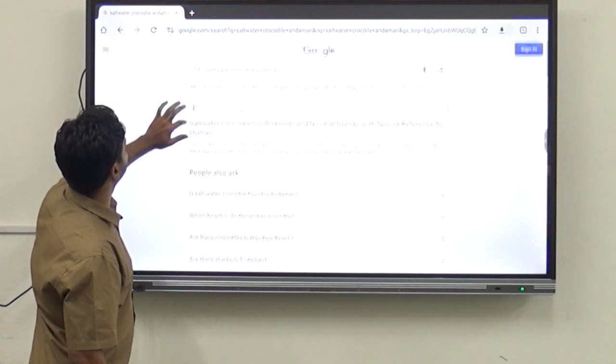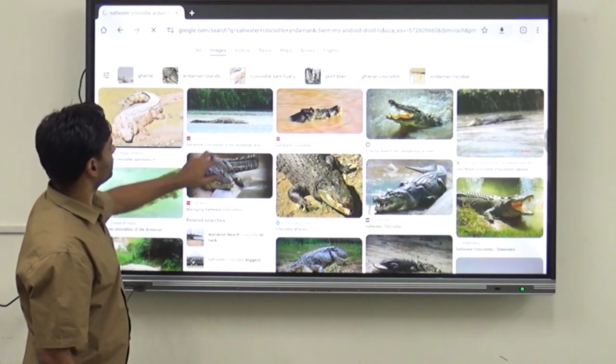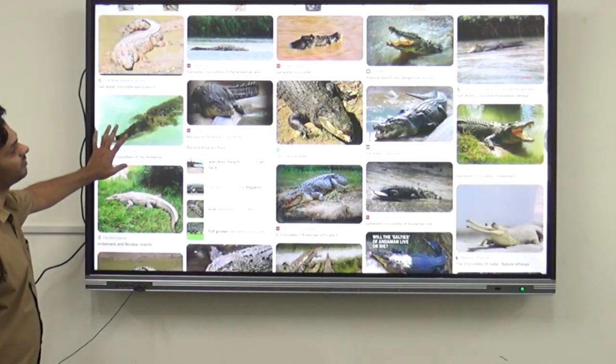Yeah, this is the size of it. This is your largest crocodile in the world.